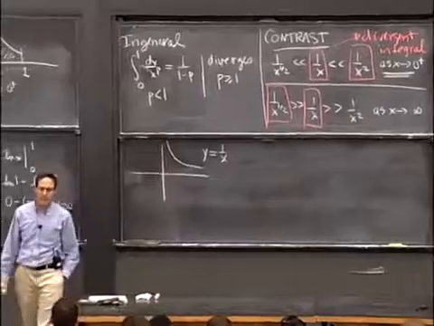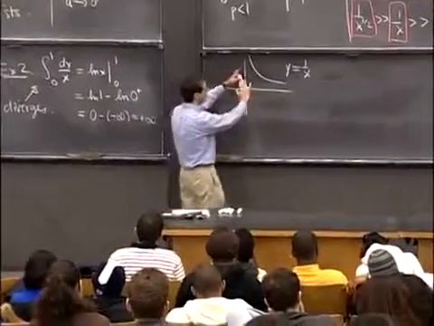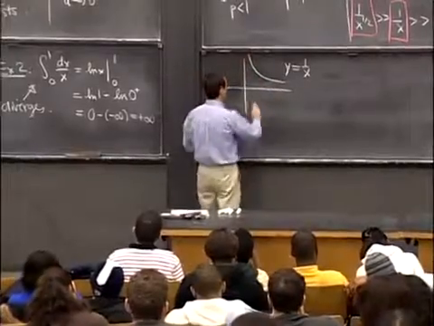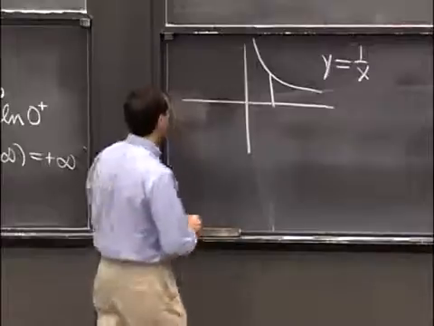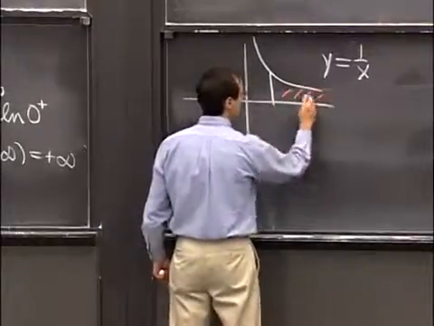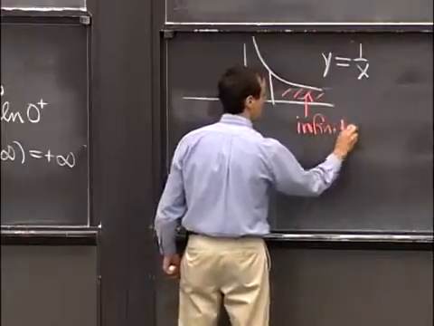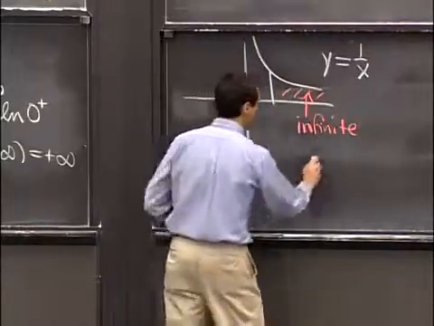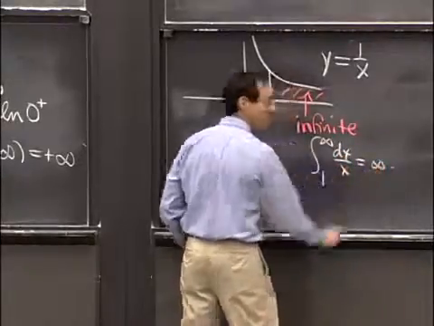All right? That's y equals 1 over x. And that picture is very balanced. It's symmetric on the two ends. If I cut it in half, then what I get here is 2 halves, and this one has infinite area. Well, that corresponds to the integral from 1 to infinity dx over x being infinite.